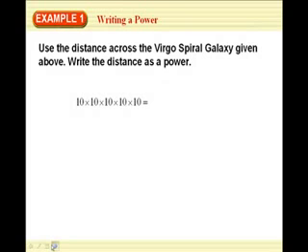Then there's 5 tens to make up those 5 zeros. So what we can do is write this as a power: 10 to the 5th. The 10 is the repeated factor, and it was repeated 5 times. So that's where our power comes in. There's the 5 factors. It tells us the answer is 10 to the 5th.